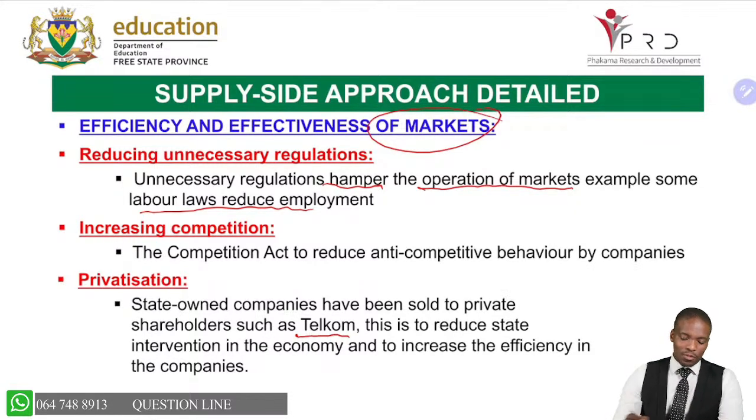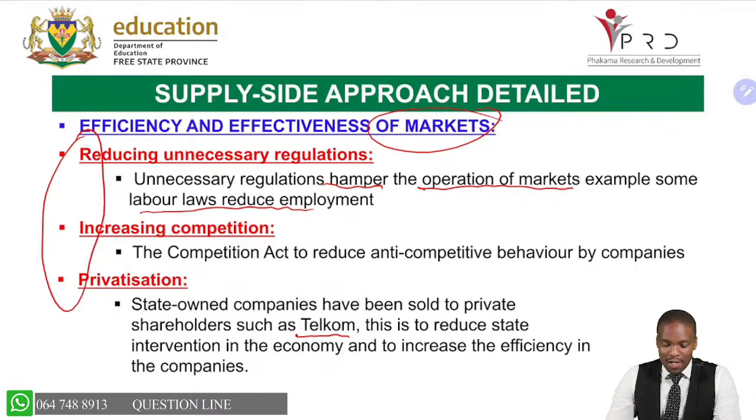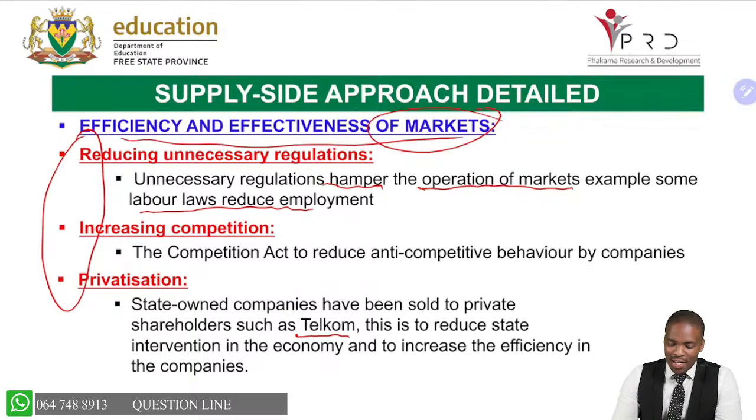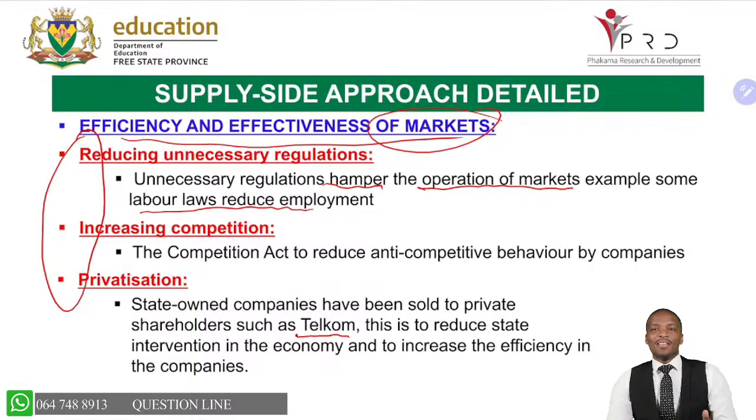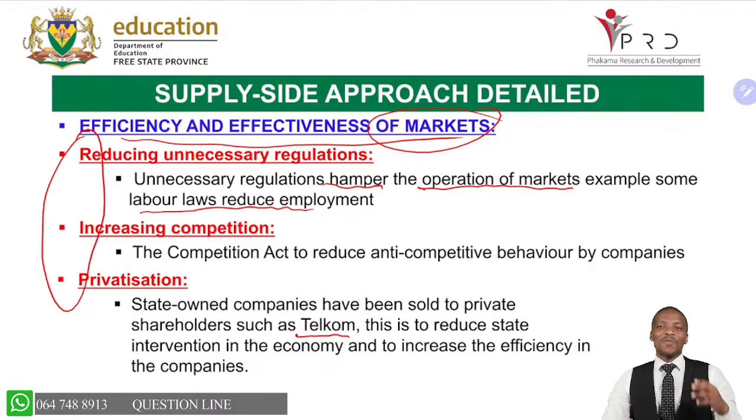Keywords here. When you remember that, under efficiency and effectiveness of markets, the keyword is RIP. I don't want to say, you can go and make your own mnemonic so that you can remember what this RIP stands for.